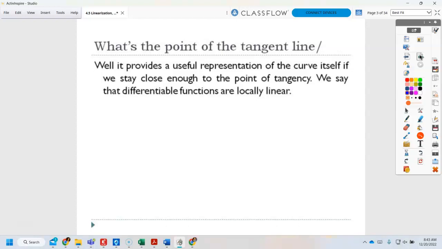So we're going to take something complicated, like a square root, and find its equation of a tangent line.